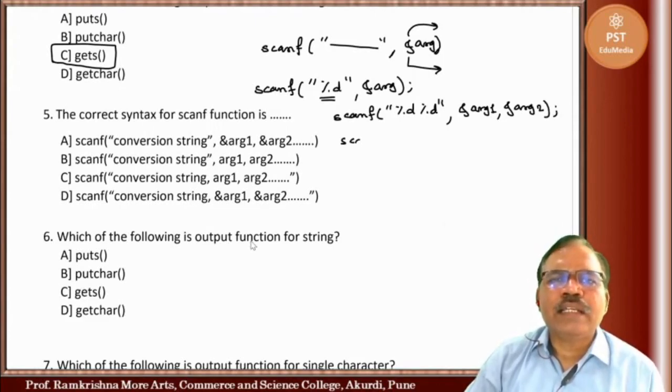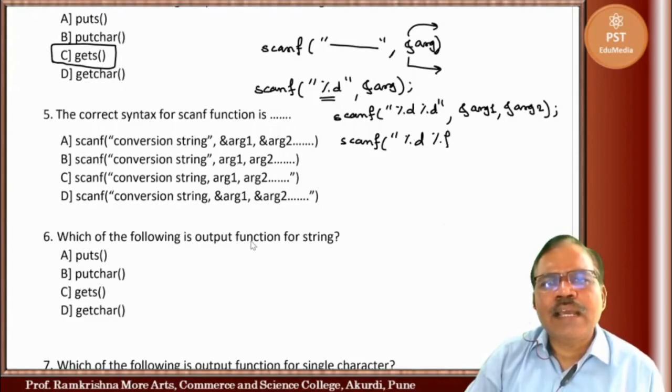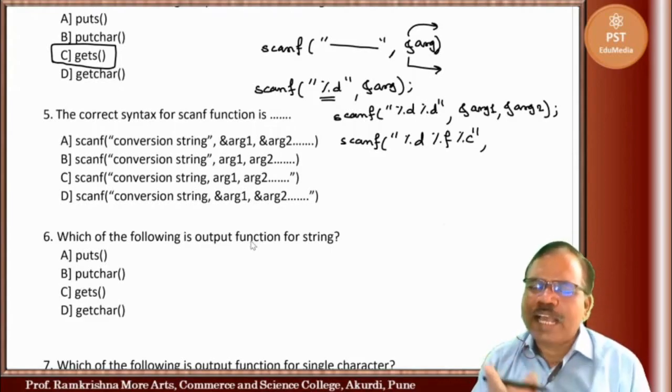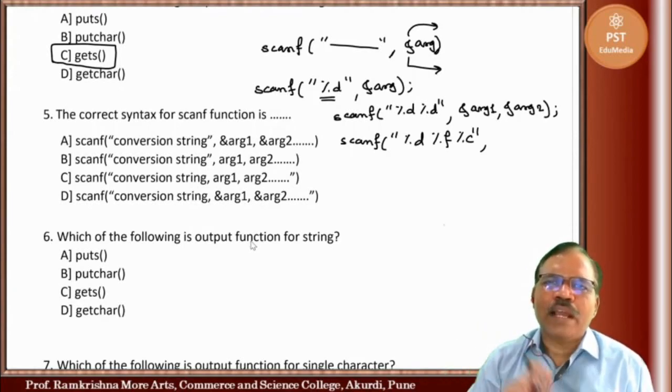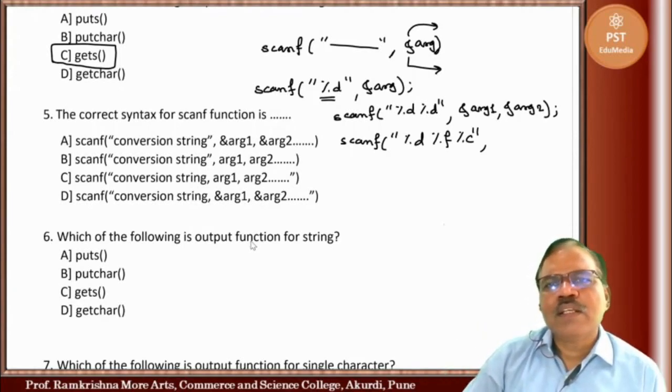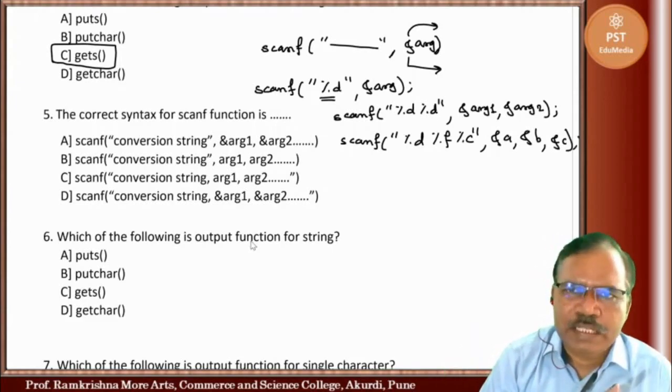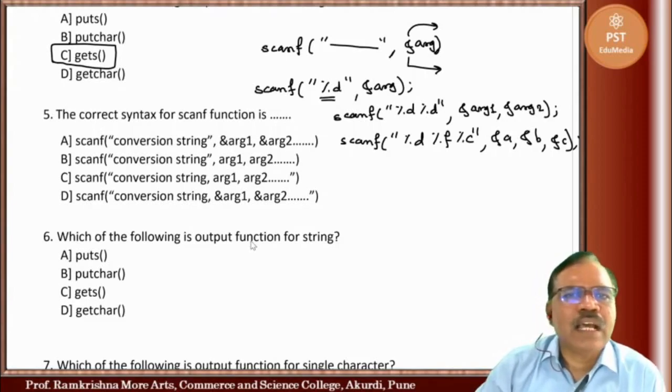Or you can take scanf with %d, %f, %c. So you can take simultaneously integer, float, and character data types. Here I can take &A, &B and &C. A, B, C are arguments.